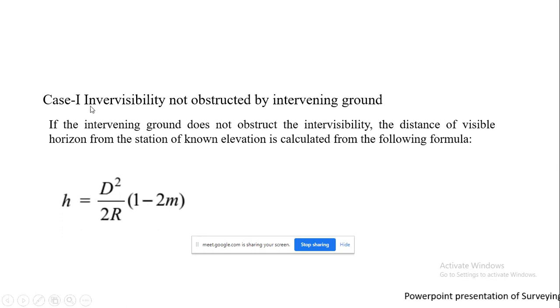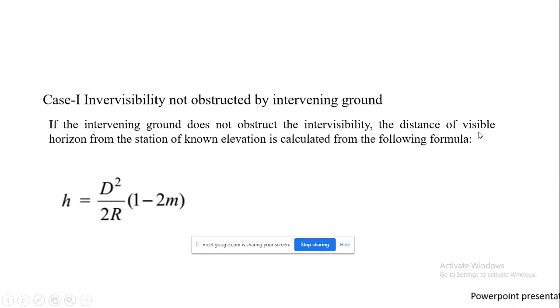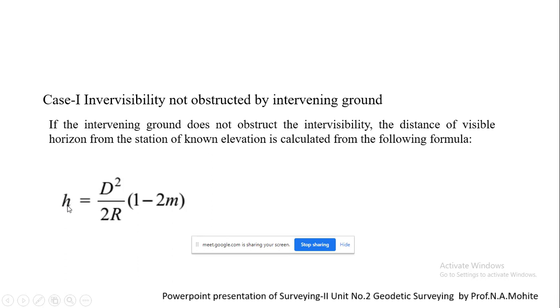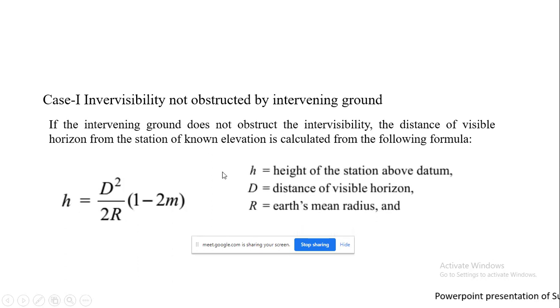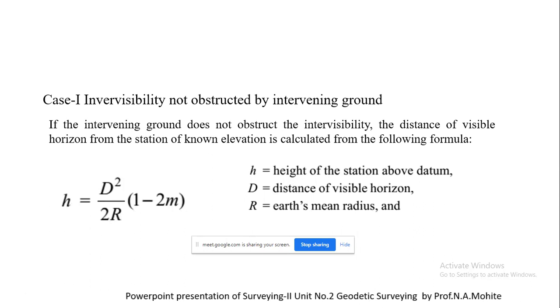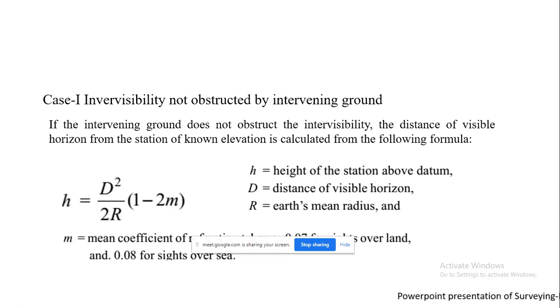Case one is that intervisibility is not obstructed by intervening ground. If there is no obstruction between the two points, the distance of the visible horizon from the station of known elevation is calculated from the formula h = d²/2r (1 - 2m), where h is the height of the station above datum, D is the distance of the visible horizon, and r is the mean radius of the earth.